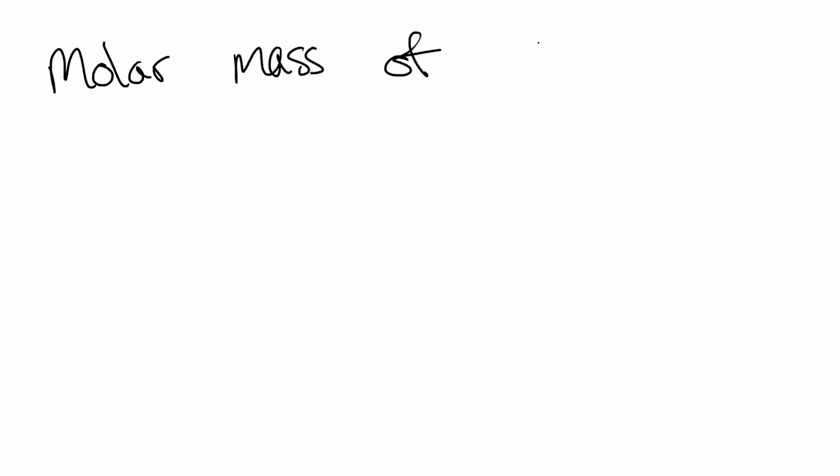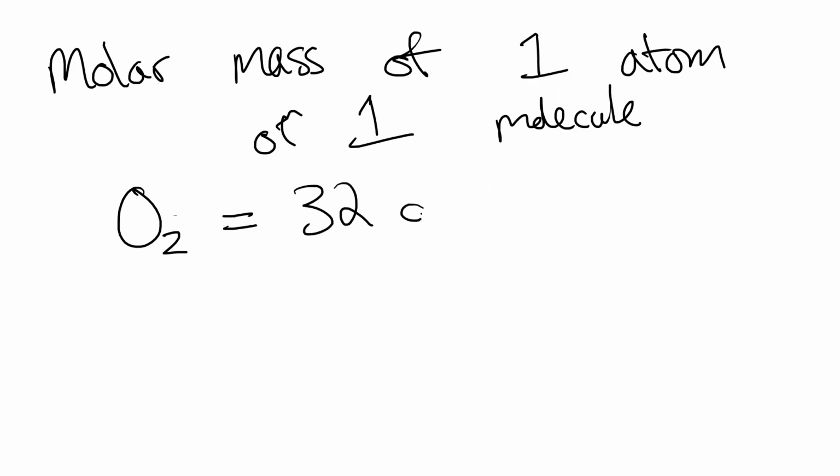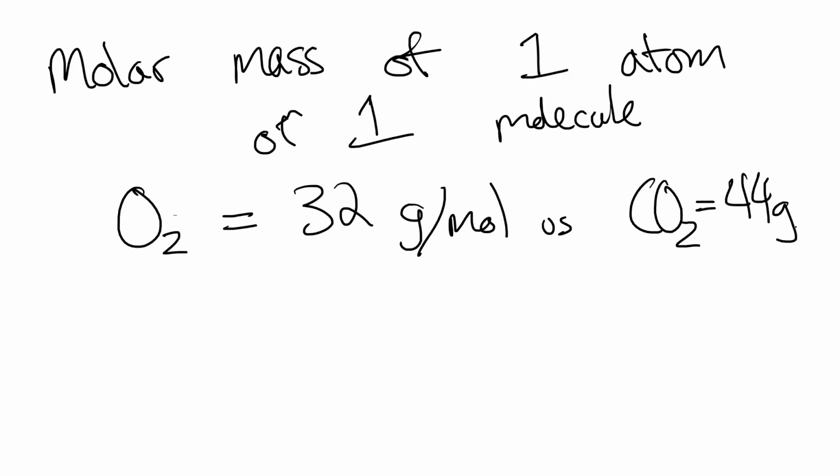Same thing when we're using the molar mass of one atom or one molecule, you'll find that O2 has a molar mass of 32 grams per mole versus CO2 has one of 44 grams per mole.